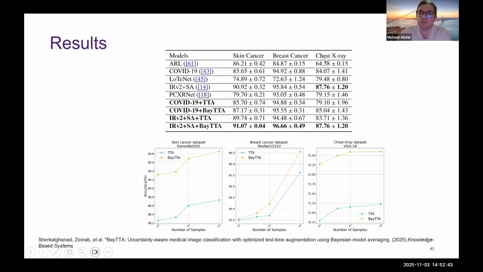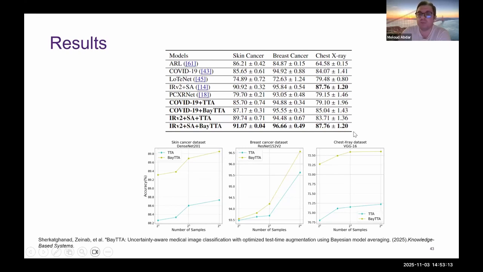In just one case, for chest X-ray, we have the same performance as the reference 14 in our case study. However, when we increase the number of samples, looking at the correlation between accuracy and number of samples, we can definitely work better than TTA.